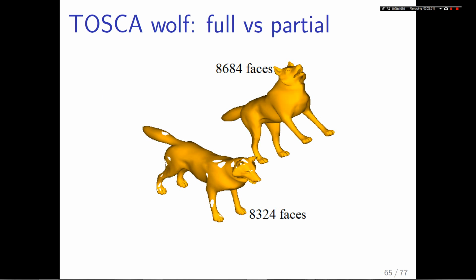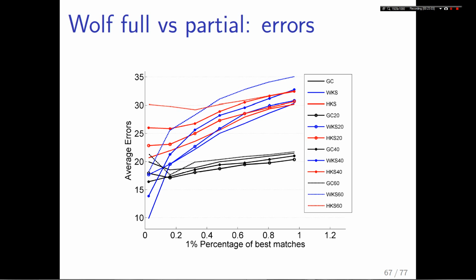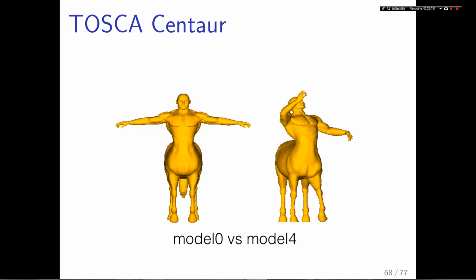So you can see we cut more and more. How does it perform? Geodesic spin contour is still the best, which is the black line, on both hit rates and smallest geodesic errors, which means this descriptor is very stable under this kind of data contamination.